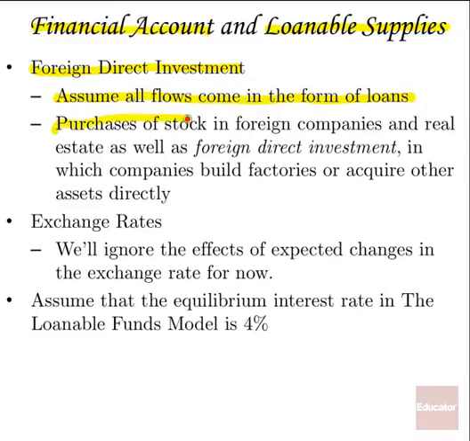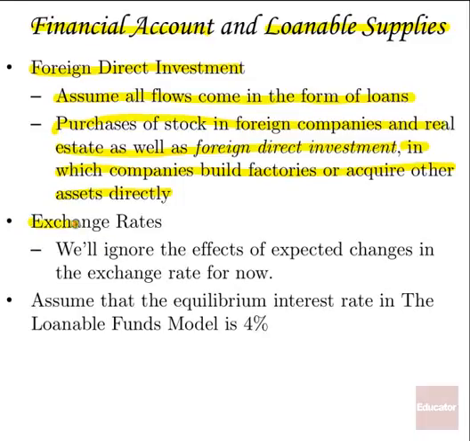So there are purchases of stocks in foreign companies and real estate, as well as foreign direct investment, in which companies build factories or acquire other assets directly. There are ways that money can come in this way, but for the sake of this example, when we're dealing with the loanable funds graph, we'll just assume everything comes in the form of loans.